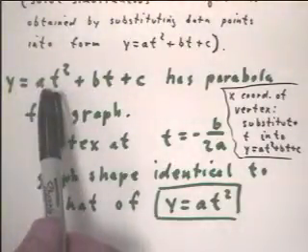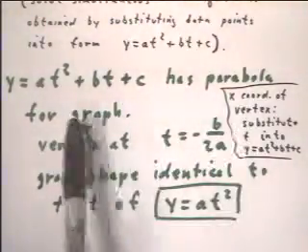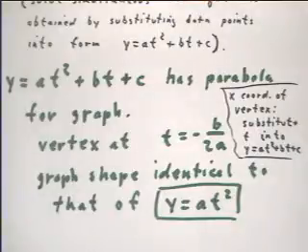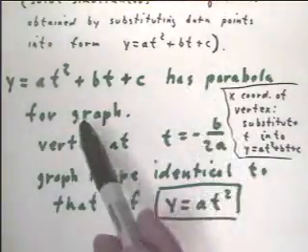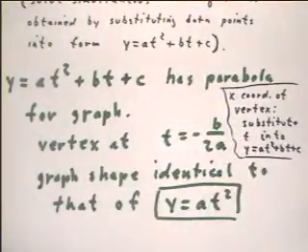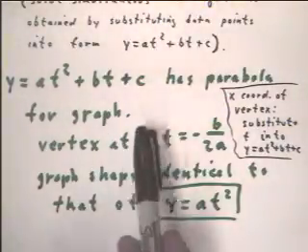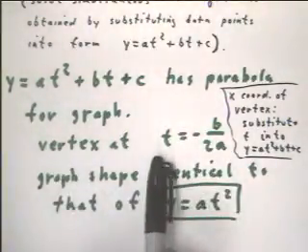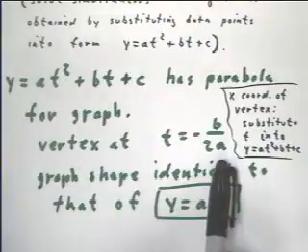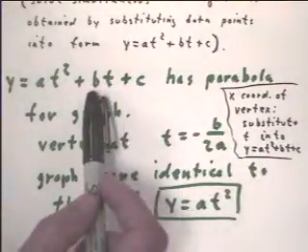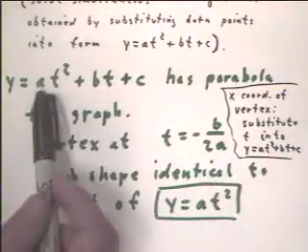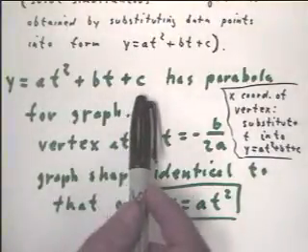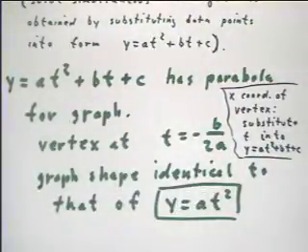So y equals at squared plus bt plus c has a parabola for its graph. That parabola, and again we assume you have some familiarity with what a parabola is, will have a vertex at t equals negative b over 2a, where b is the coefficient of t and a is the coefficient of t squared. c has no effect on the location of the vertex.